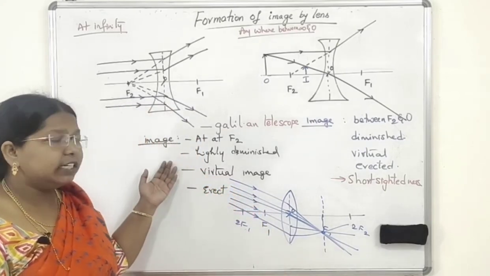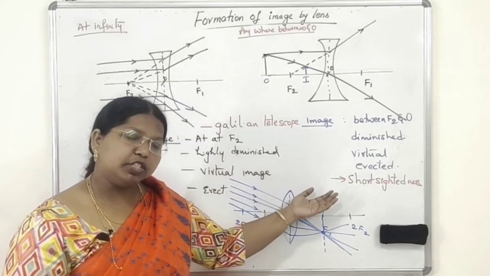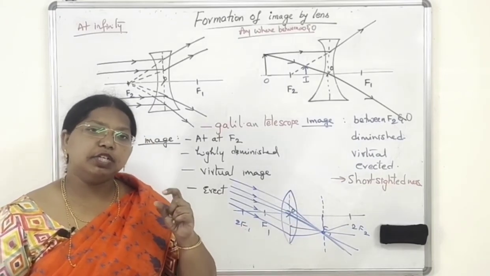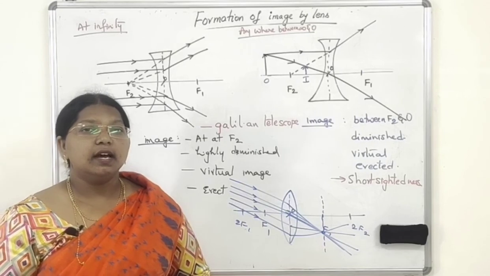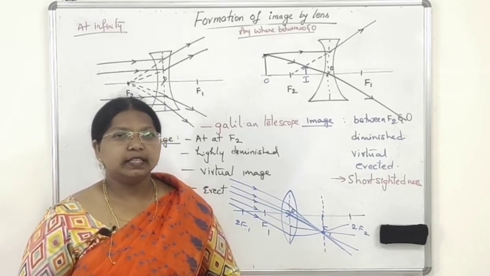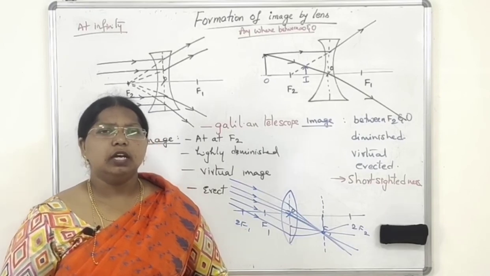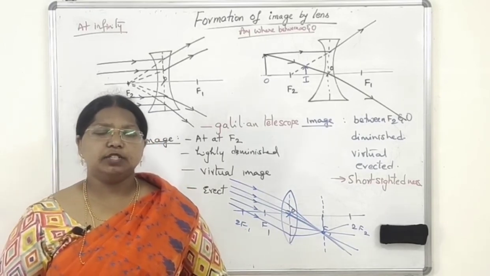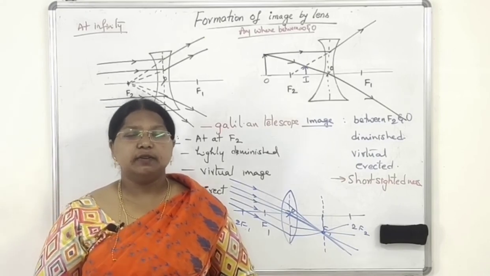Here we can see highly diminished and diminished images in concave. But in convex you can see highly diminished, same size, enlarged, highly enlarged and virtual image also. Clear? So this is what about properties, position, nature, size of the image and the applications of these ray diagrams.